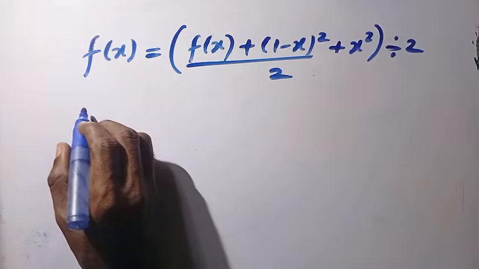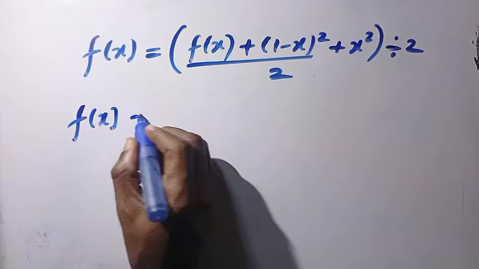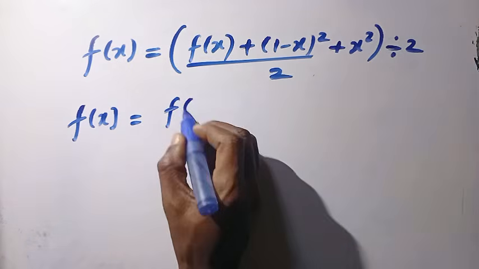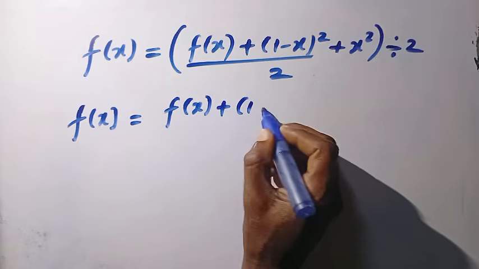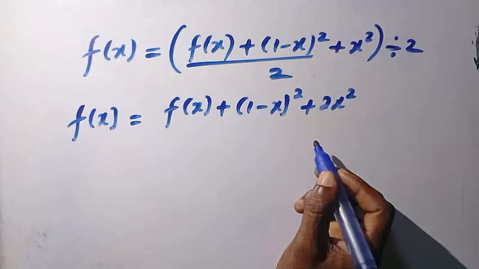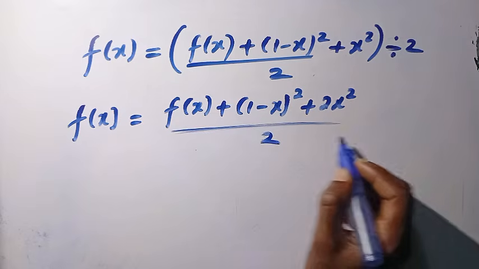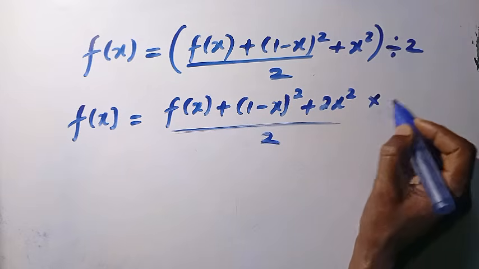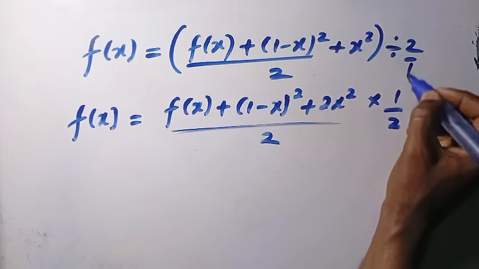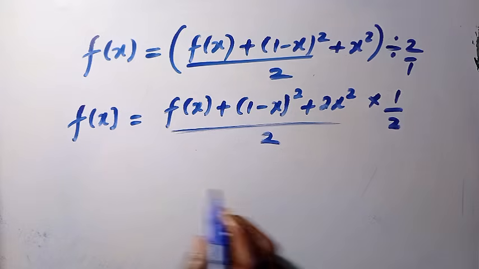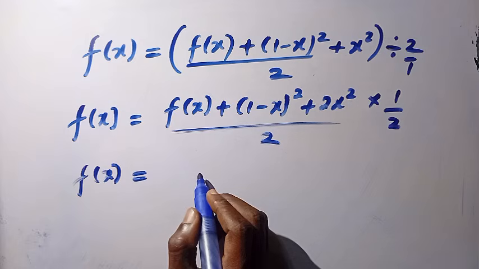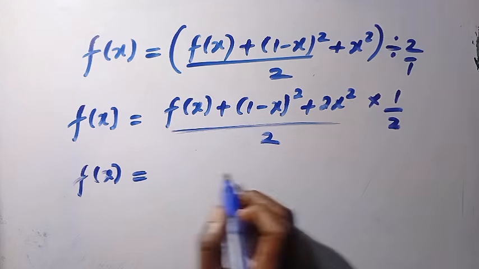By expanding this, we are going to have f of x equals, if I multiply these 2 by x squared, f of x plus (1 minus x) squared plus 2x squared, all divided by 2. Then this division changes to multiplication by taking the reciprocal of 2. If this is 2 over 1, then we have it as 1 divided by 2. Again, we have f of x equals, if I multiply 2 by 2, we are going to have 4.